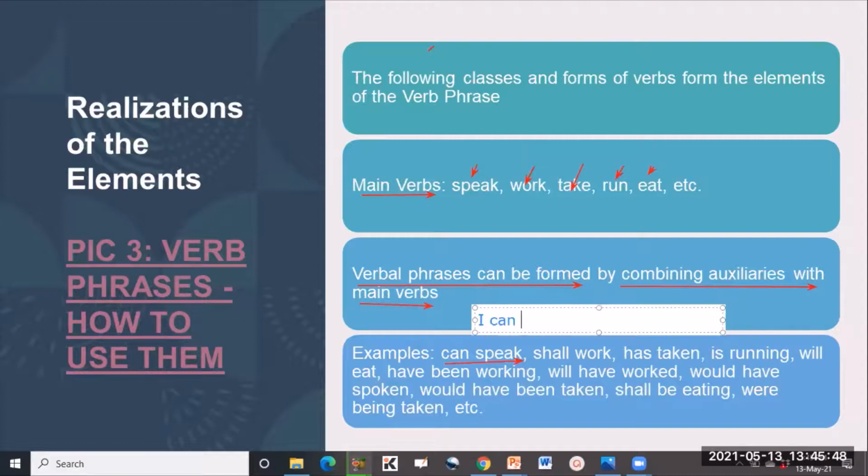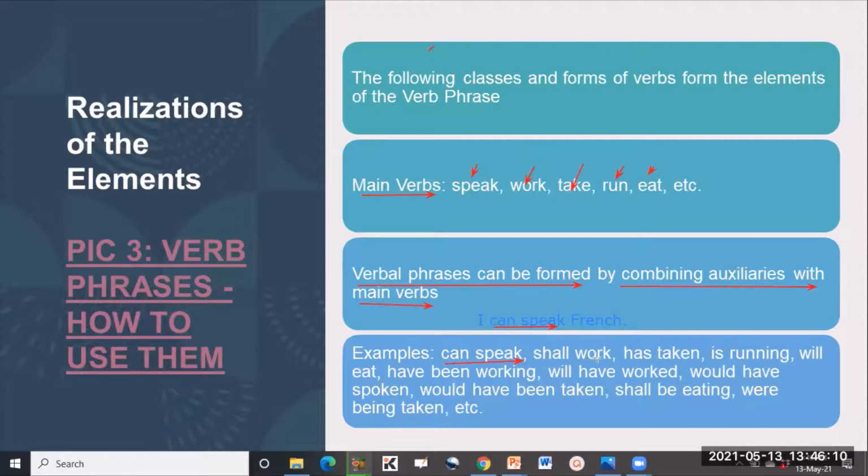I can speak French. So here you can see the combination. Can and speak gives us a verb phrase. Then let's look at other examples.